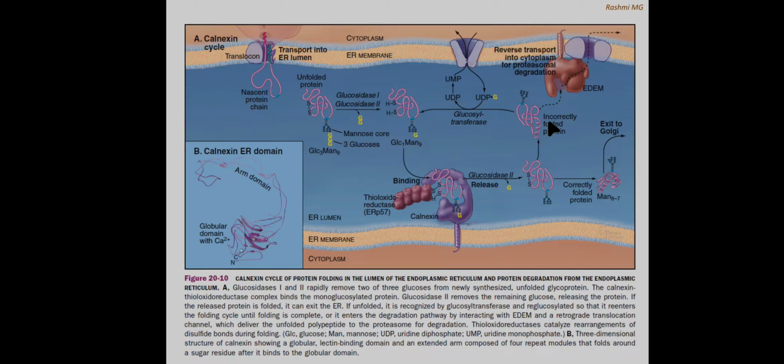Or there is the fate of this incompletely folded protein where it degrades with the help of some proteasomal enzymes, and it vanishes completely with the help of reverse transport into the cytoplasm for proteasomal degradation.